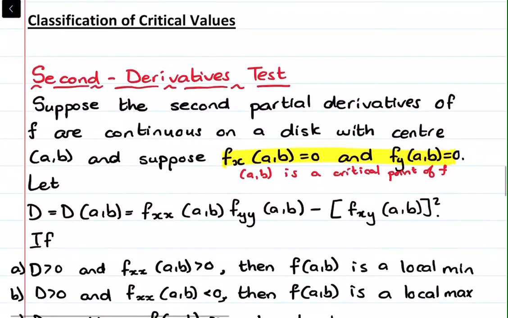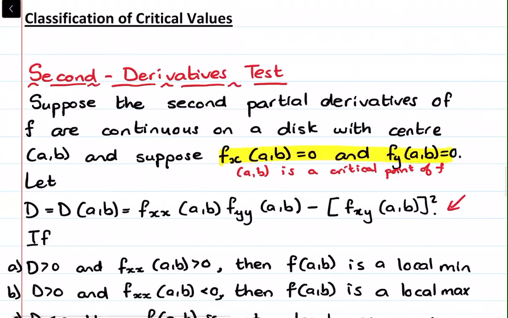So then let D be equal to, you need to know this formula even off by heart, okay? D is the second partial derivative f_xx at the critical point, multiplied by the second derivative f_yy, and then minus the mixed derivative f_xy, squared.